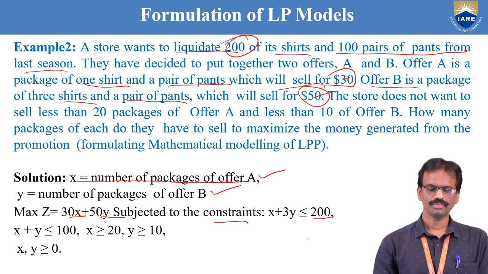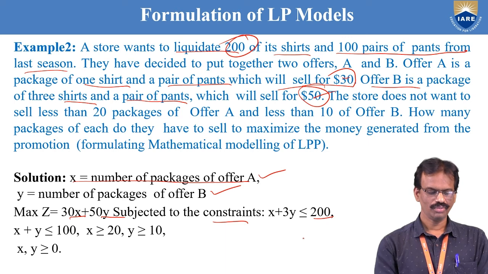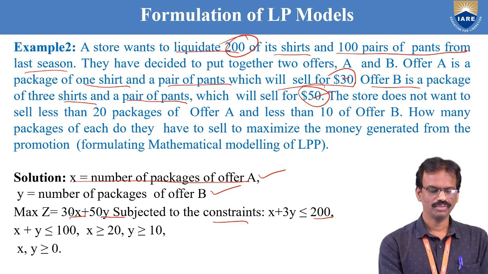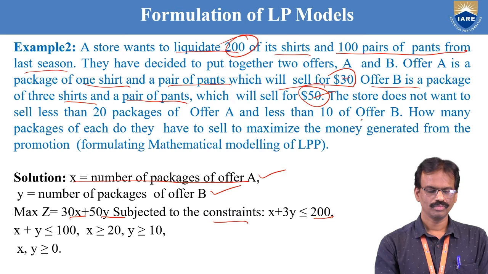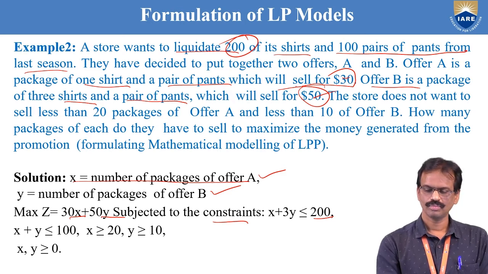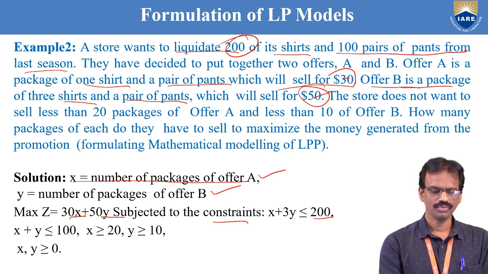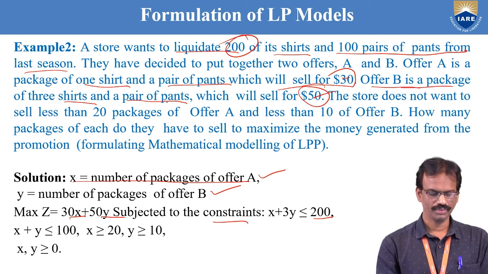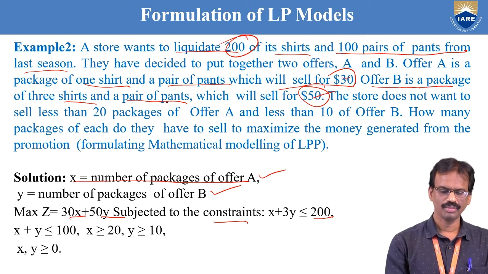Next, offer B is the package of three shirts and one pair of pants. Three shirts and one pair.